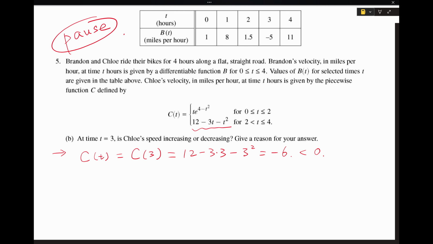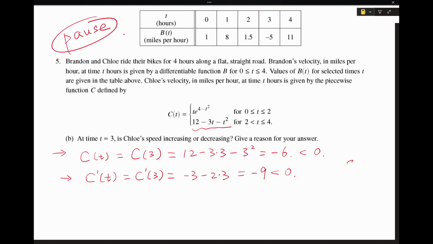And the next thing we're going to do is calculate the acceleration, which corresponds to the derivative of c(t), still at time t equals 3, and it is going to be equal to this one. And the result is negative 9, which is also smaller than 0.